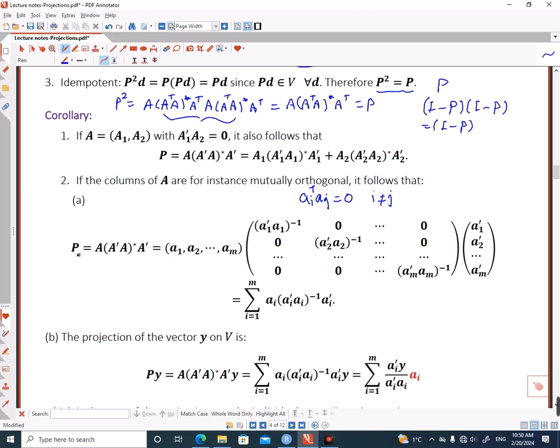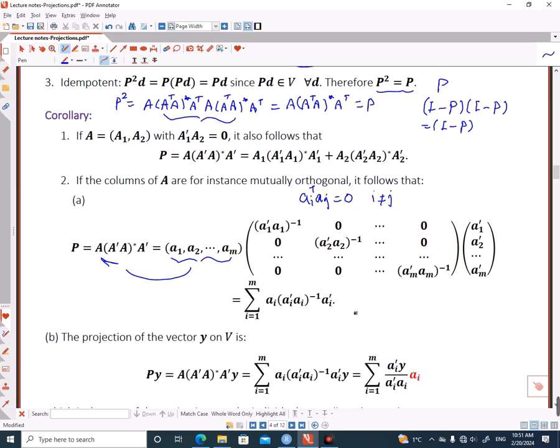So I can write this matrix vector-wise. Then A prime A generalized inverse is here. Remember, it's a square matrix, so the generalized inverse of A prime A is equal to the inverse of A prime A. And since these off-diagonal elements are equal to 0, you have a diagonal matrix.